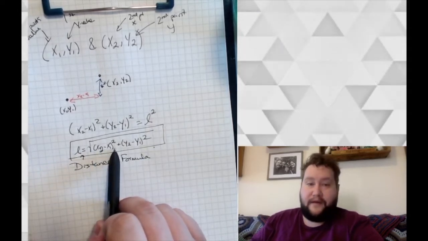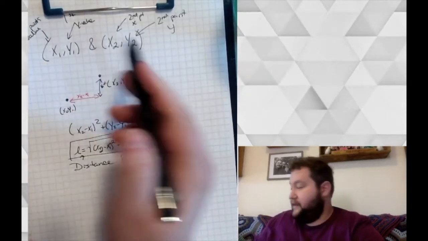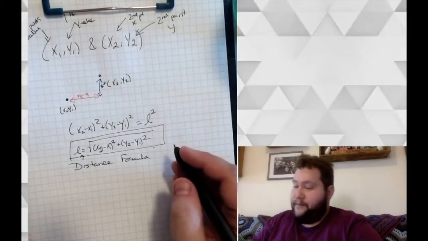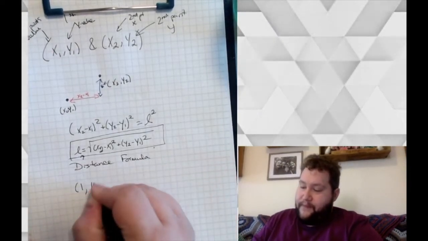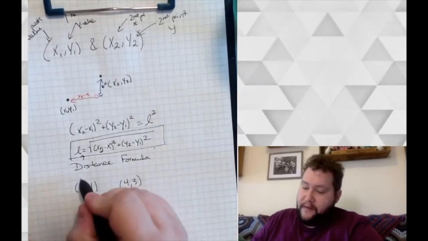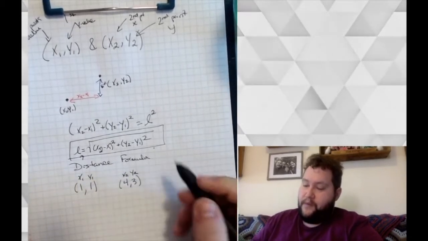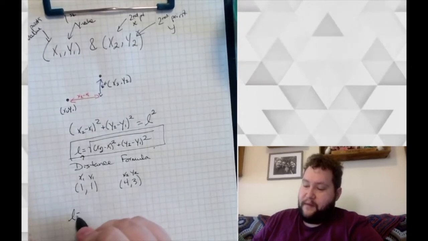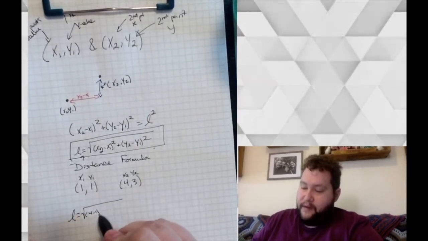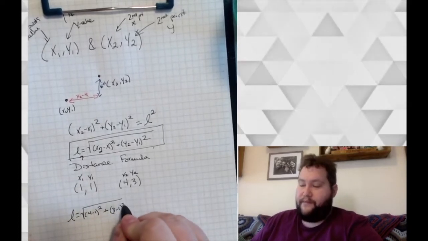Well, it doesn't matter. As long as, if you have, say, and we can look at our previous example, we had the points 1, 1 and 4, 3. So call this x1, y1, x2, y2. What we end up getting as L is the square root of (4 minus 1) squared plus (3 minus 1) squared.